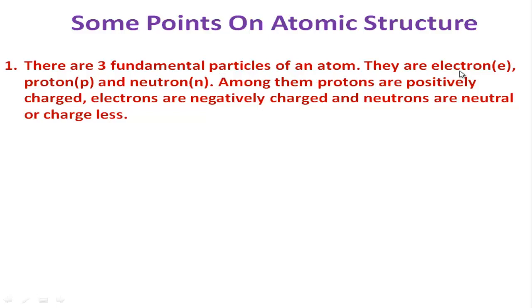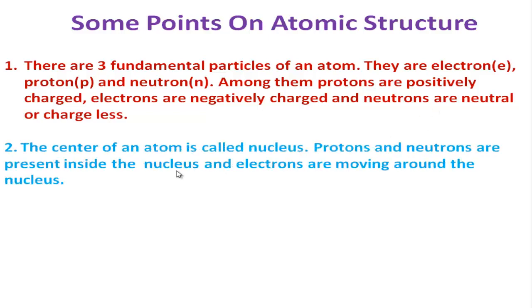Electron is denoted by small e, proton is denoted by small p, and neutron is denoted by small n. Among them, protons are positively charged, electrons are negatively charged, and neutrons are neutral or chargeless.